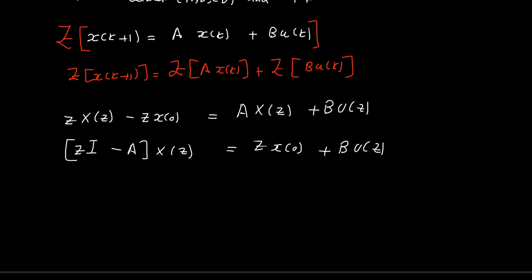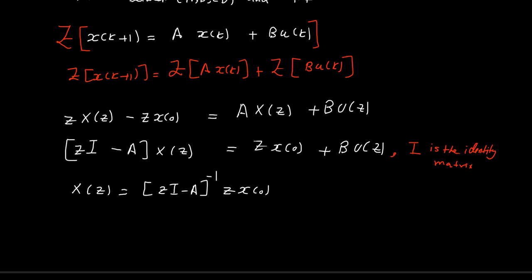Now where I is the identity matrix. So x of z will equal to zI minus A inverse multiplied by z x of 0 and multiplied by this term, so this will be zI minus A inverse multiplied by the B u of z.